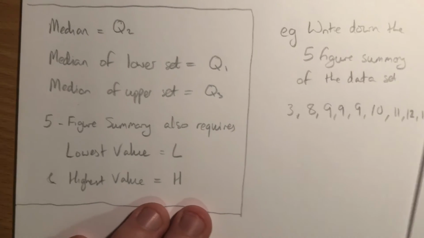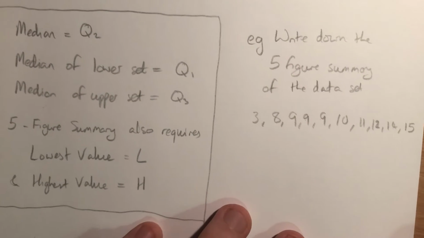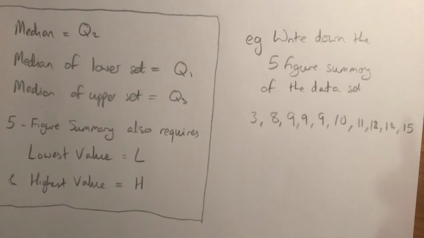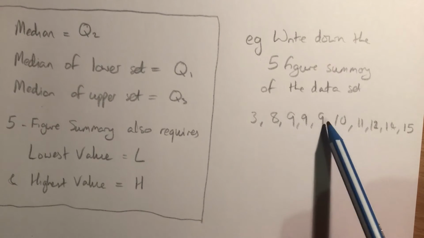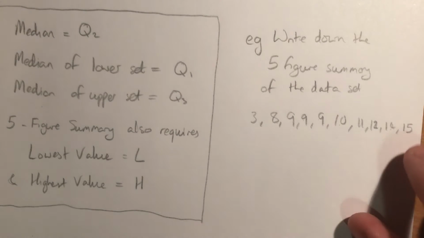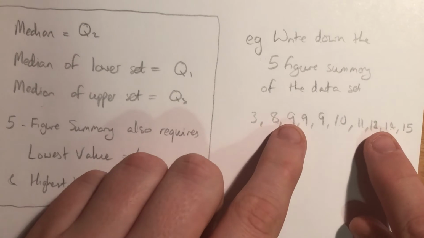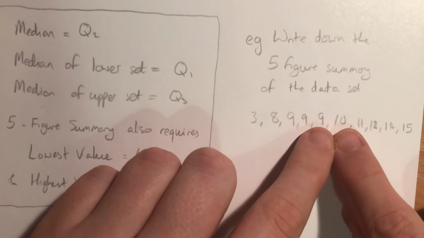So as an example here, we've got to write down the 5-figure summary of the data set, and we've got these numbers. Now, I have been good enough to put these in order for you to begin with. And we've got 10 different values. Some teachers would say, all right, so you add 1, half it, and that tells you which value you need to find. I don't like doing that, okay? When it comes to a data set of this size, all I do is I just count in. So 1, 2, 3, 4, 5.